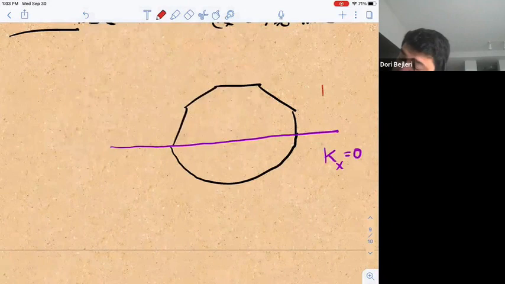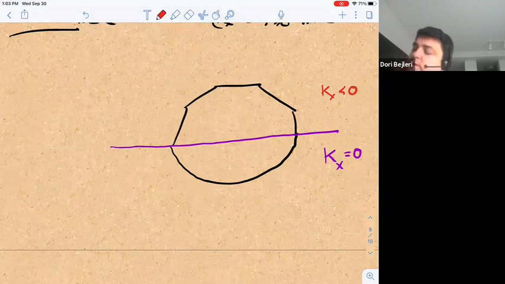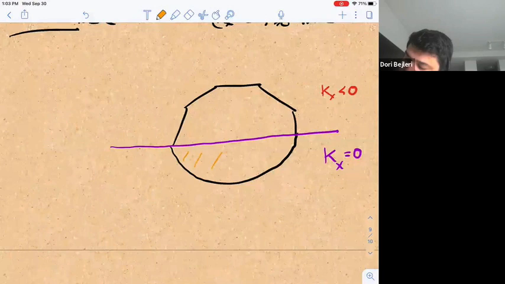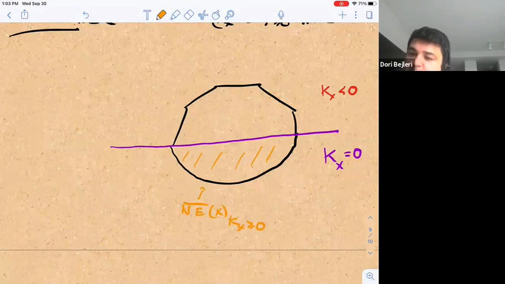And here we have the half space K_X strictly less than 0. So we have this region over here that we just can't say anything about. It can be arbitrarily complicated, and this is the part of the cone where K_X is greater than or equal to 0. And that's just whatever it is.